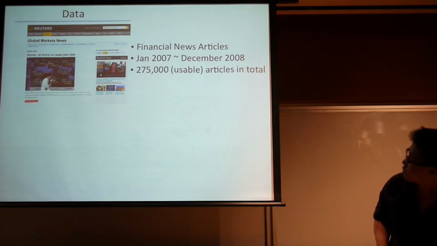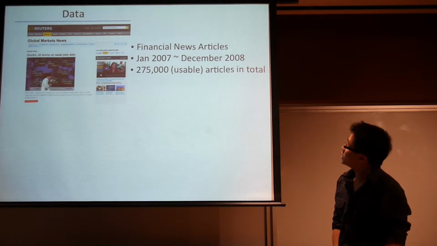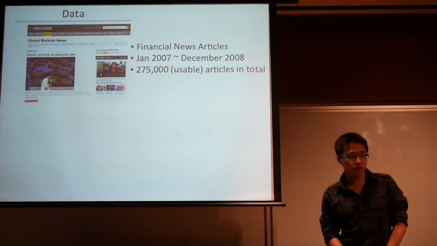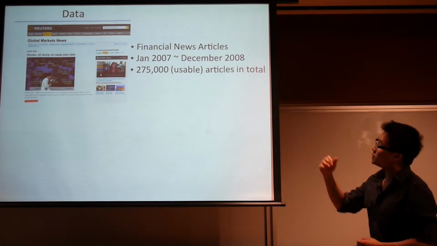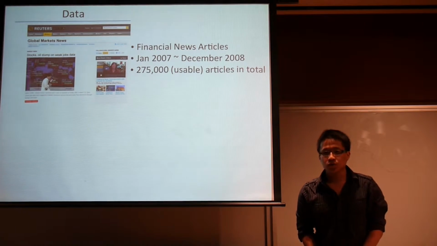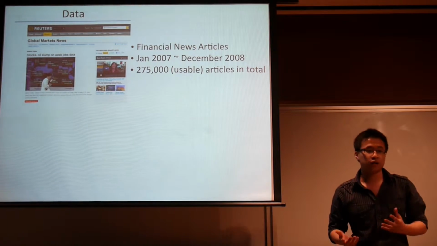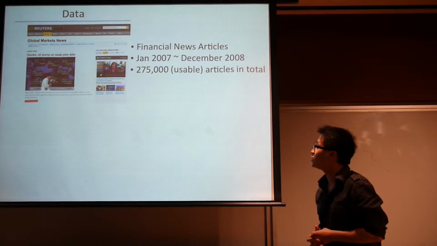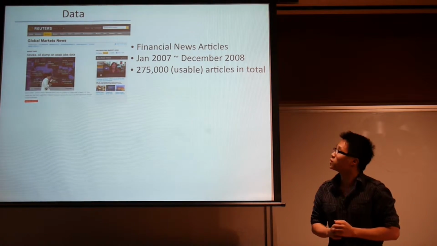So the data that we used were mainly financial news articles between January 2007 and December 2008. We scraped mostly data from Reuters. And after removing articles that were just not very useful and articles that basically had no stock tickers, so gave us no additional information, we had almost 300,000 usable articles in total.